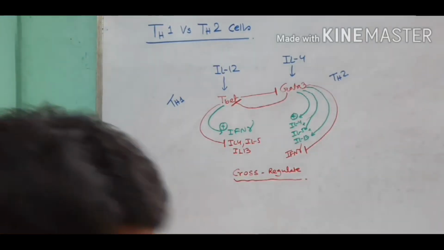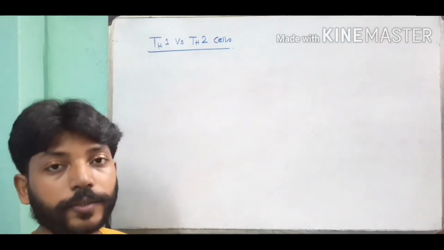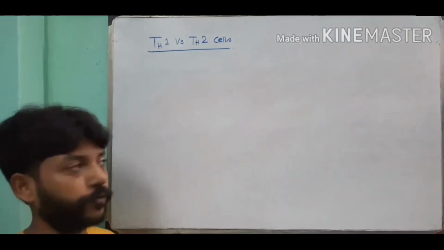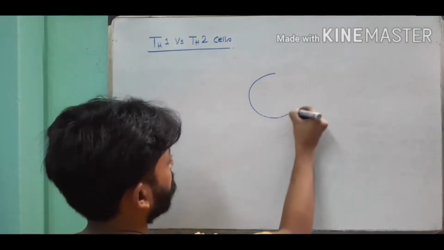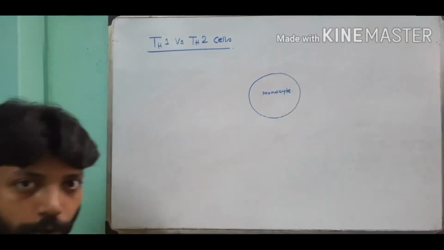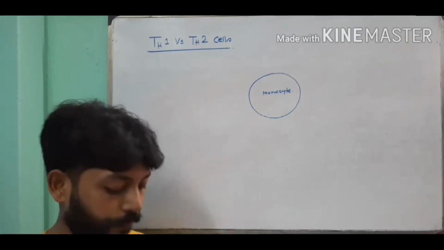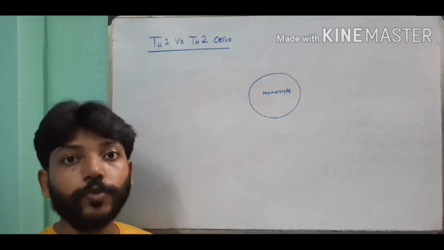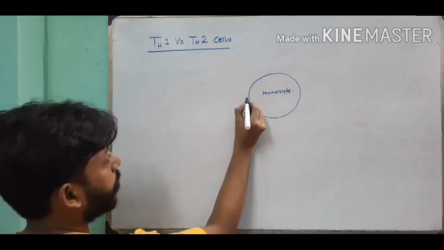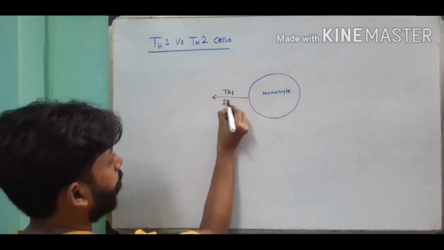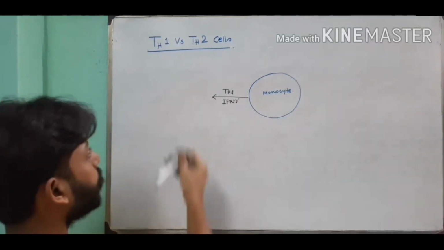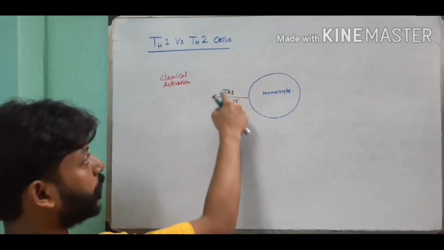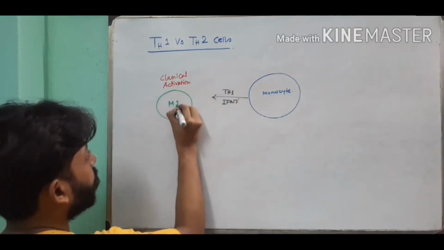There is another important function I want to mention here. Another important function performed by these TH1 and TH2 cells is activation of macrophage. Let's assume this is a monocyte. When a macrophage is in inactive form, it is called monocyte. This monocyte can be activated in two ways. If it is activated by a TH1 cell that is secreting IFN-gamma, then this activation is called classical activation, and the macrophage produced in response to this TH1 is called M1 type macrophage.